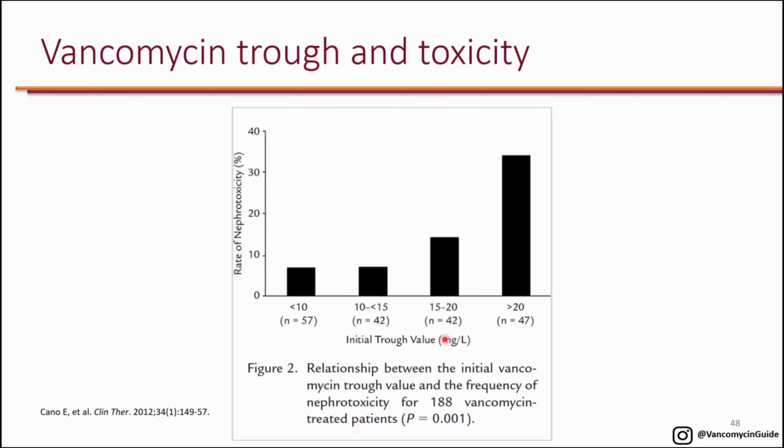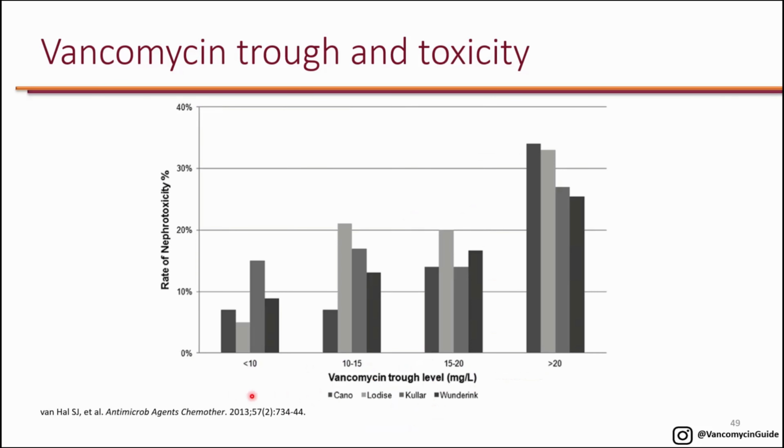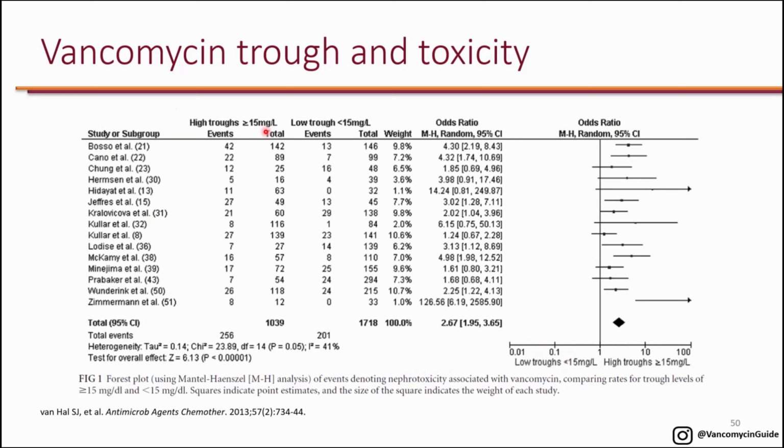targeting 15 to 20. Now, this is a systematic review and meta-analysis from multiple studies, and they're looking again at the same groups: trough less than 10, trough 10 to 15, 15 to 20, and greater than 20. In the meta-analysis specifically, they compared trough of 15 or higher versus anything less than 15 to see if it makes a difference. These are all the different studies that they added to this meta-analysis.